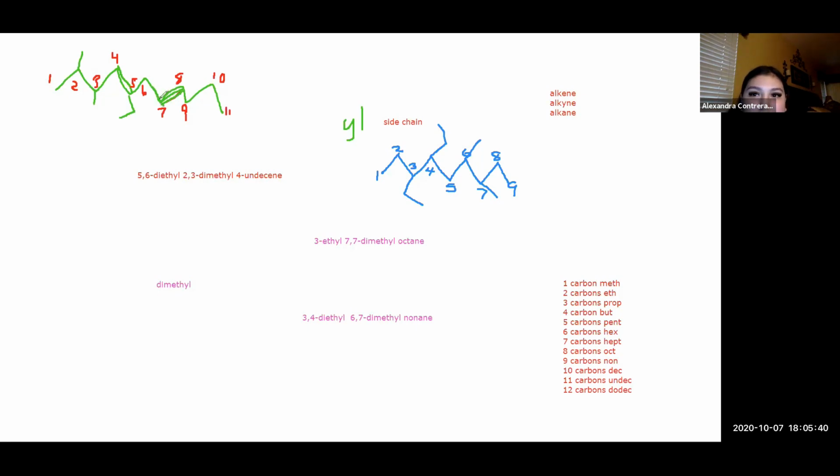I know alkene has priority, but somebody said double bond, so it was alkene. Alkane is the one bond. Alkene is two bonds, and alkyne, with the Y, is three bonds. The double bond is always king.